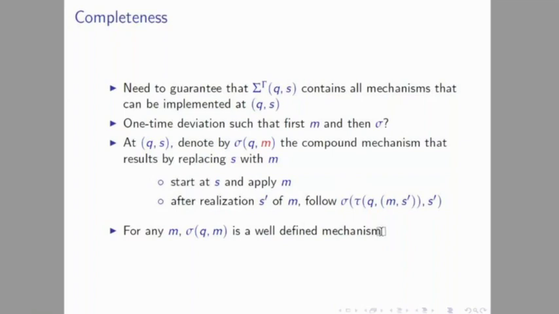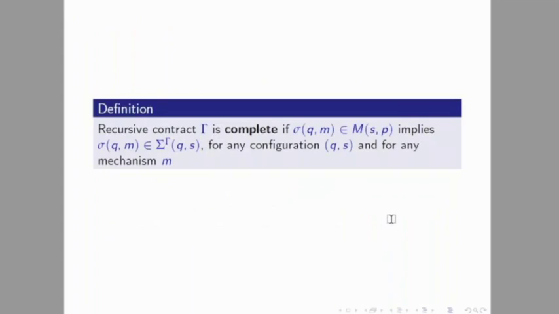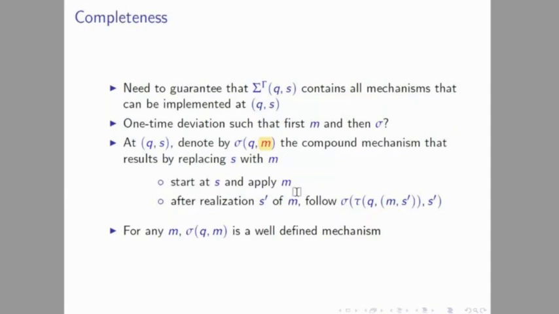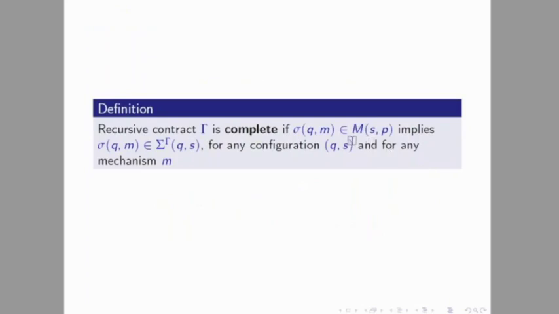So the way to prevent this from happening is to require completeness from the contract, in the sense that if we take a mechanism M and form a compound mechanism by adding to that mechanism the renegotiation according to the contract, namely sigma, and call sigma of the current state plus the mechanism the compound mechanism that results from this procedure, if we take all possible compound mechanisms like that for any varying mechanism M, and such a compound mechanism is incentive feasible, then it has to be part of the choice set.